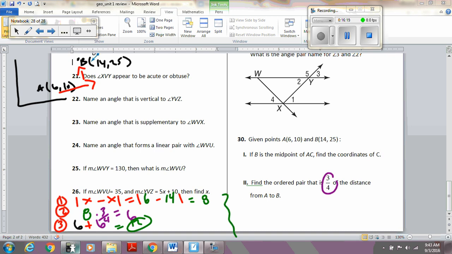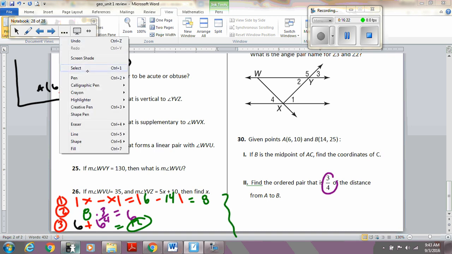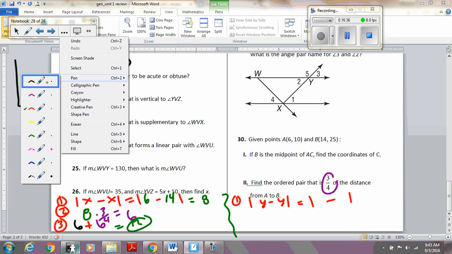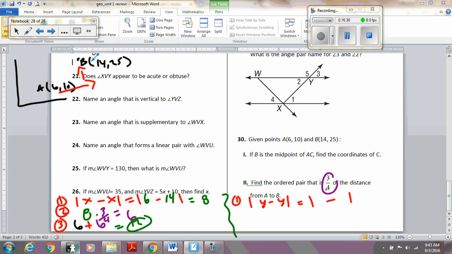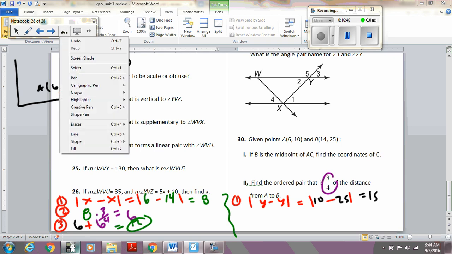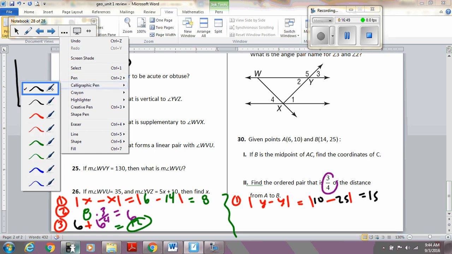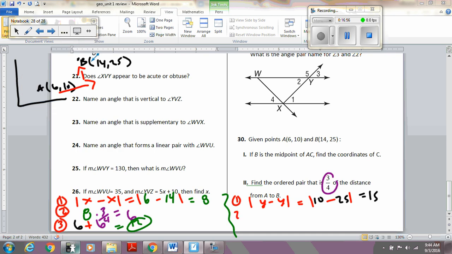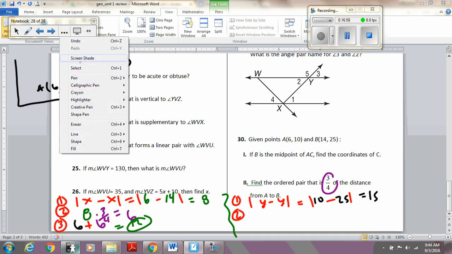Now we'll repeat those same 3 steps to find the new y value. So find the distance between our y's. The y's are 10 and 25. So the total distance is 15. Now find the fractional distance by multiplying 15 by 3/4.